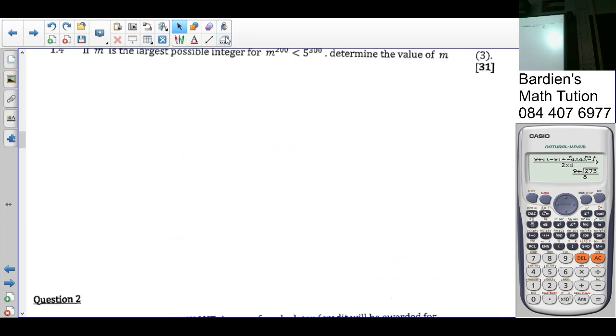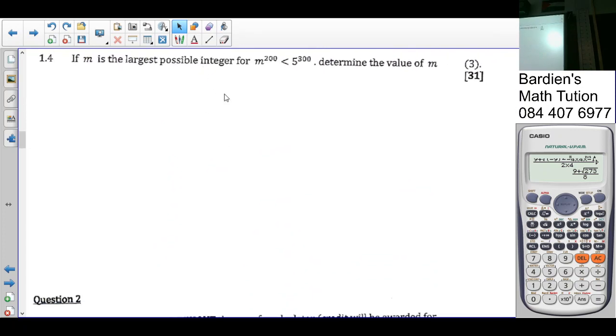They say that if m is the largest possible integer for m to the 200 has to be less than 5 to the 300, determine the value of m. So where do we start? We say, okay, that 200 there, and here's a 300.